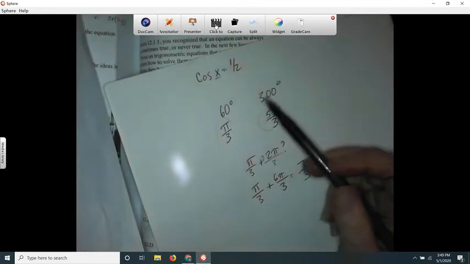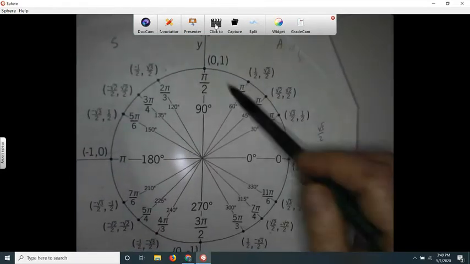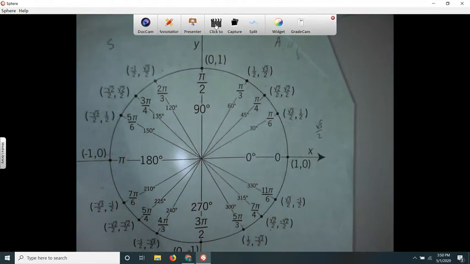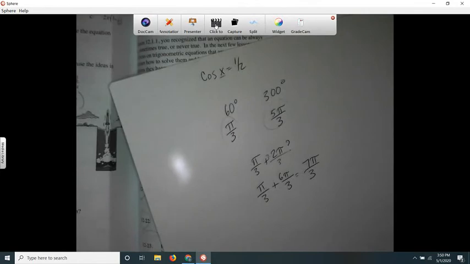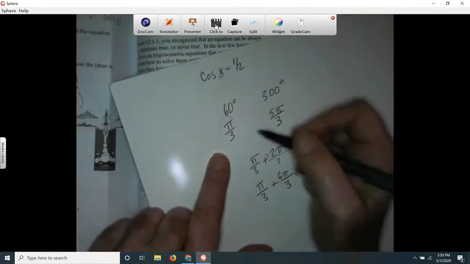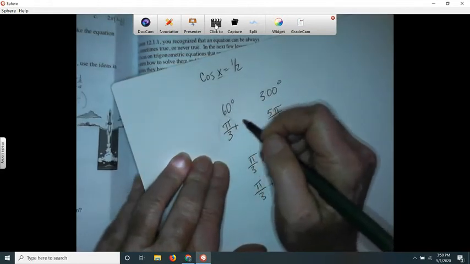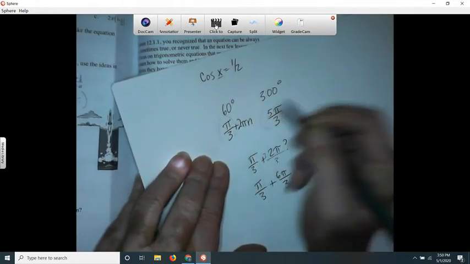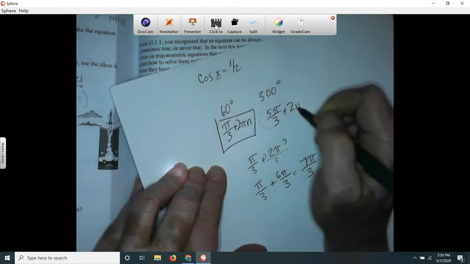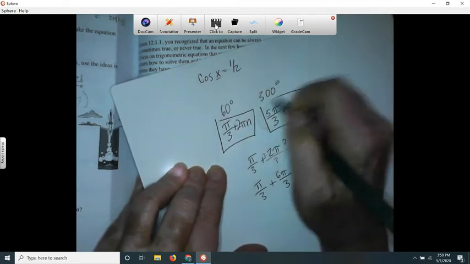So if I went all the way around my unit circle, 7 pi over 3, I'd land right back there again. So to each of these two solutions that we see on the unit circle, we're going to add 2 pi n.